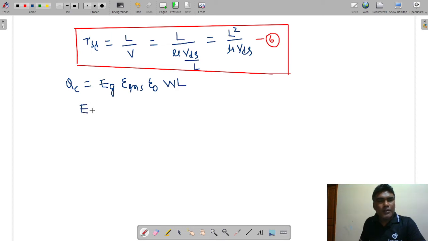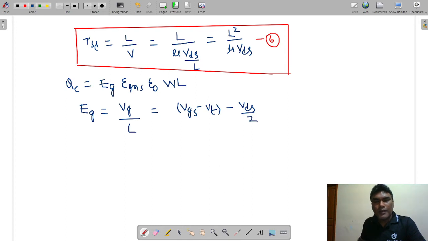So we can find out this EG. EG is equal to gate to source voltage by length of the field. We can write this, VG is nothing but VGS minus VT minus VDS by 2, and L is a length.